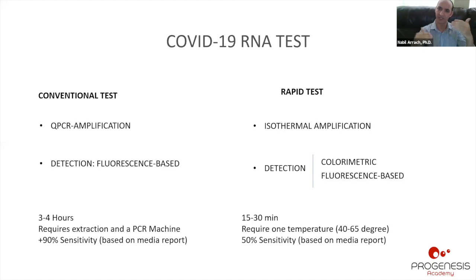So it's a continuous change of temperature for many cycles, up to 40 cycles. And that's the PCR. The rapid test works completely differently.